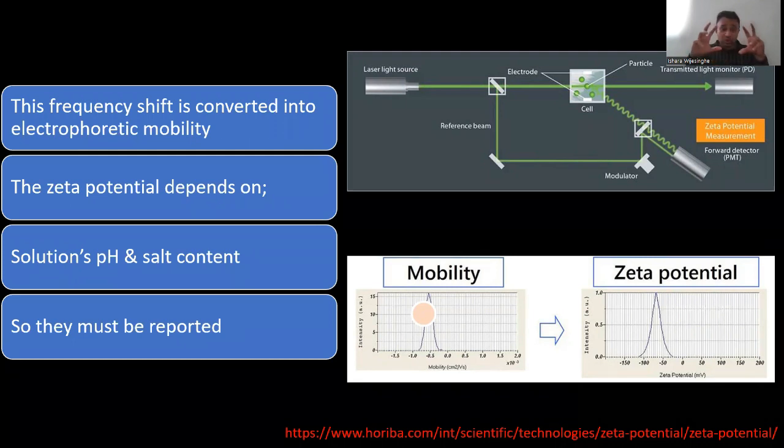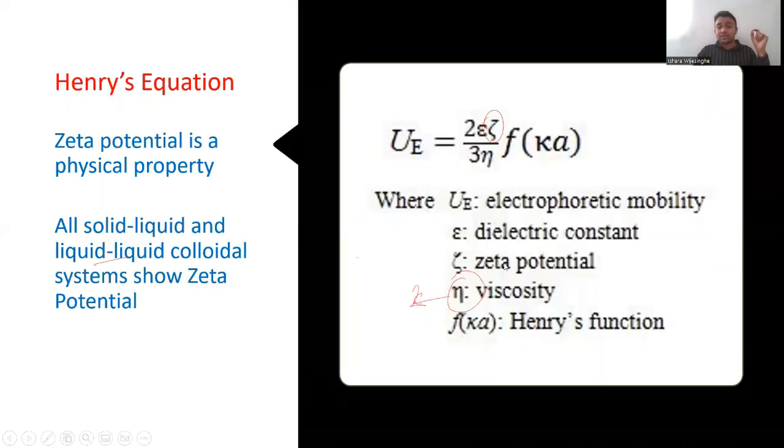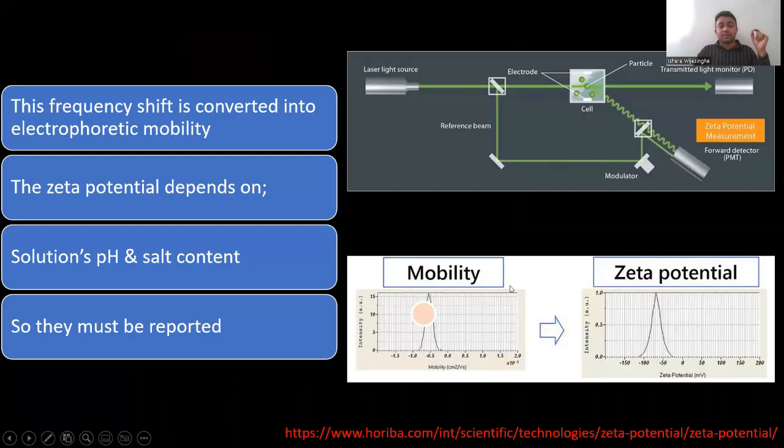We can do many kinds of research with this zeta potential, on latex quality and colloid stability. But when you report the zeta potential, you have to mention the pH and the salt content of this material, and also viscosity and dielectric constant, what we discussed here.